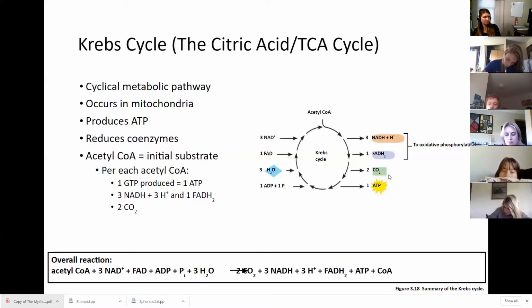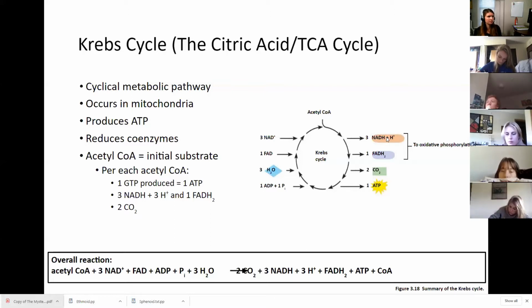Okay, so we're inside the mitochondria, we have this cycle, we're reducing more coenzymes. Now that's really the main purpose of the Krebs cycle. So we do produce this tiny amount of ATP, but because the Krebs cycle is going to lead us directly into our next step, our electron transport chain and our oxidative phosphorylation, which makes a ton of ATP, that's not that important here.